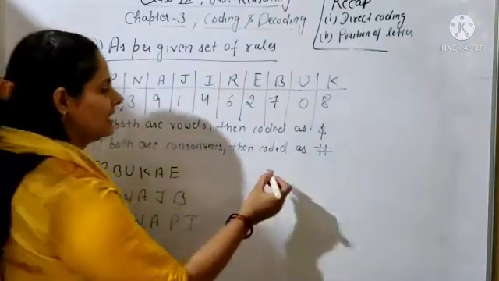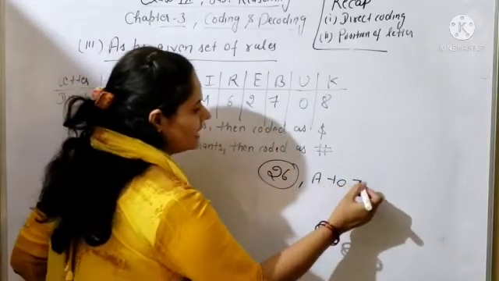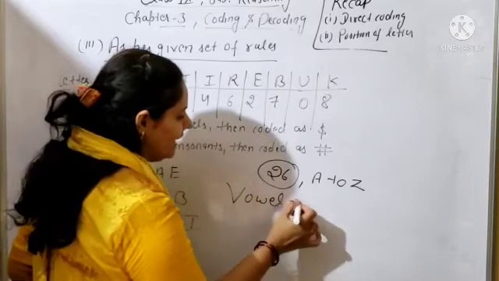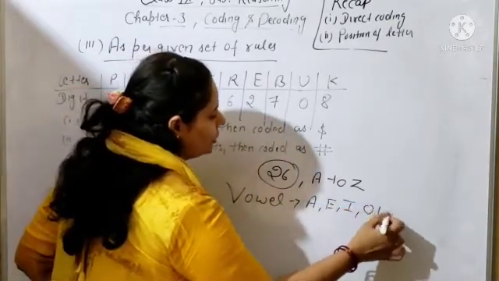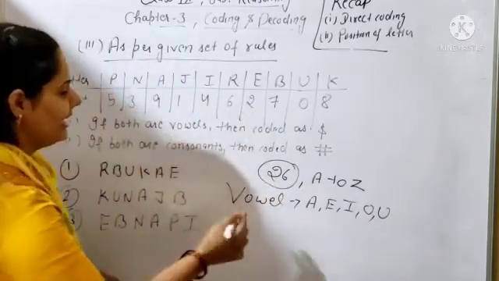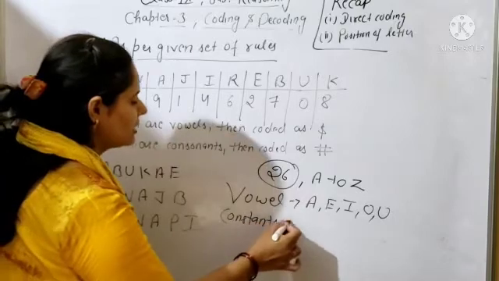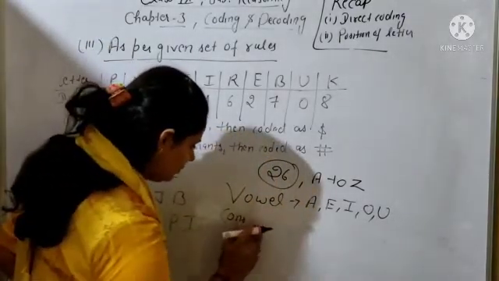There are 26 letters in the English alphabet, A to Z. Clear, all of you? And what are the vowels? There are 5 vowels, and these are A, E, I, O, U. Clear? Other than these, all the other letters will be consonants. These are consonants, not constants.